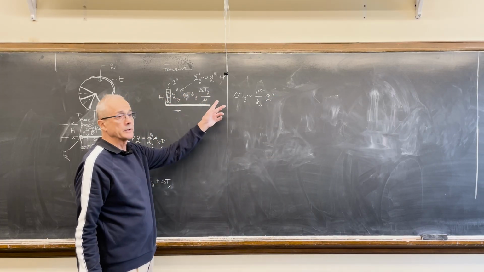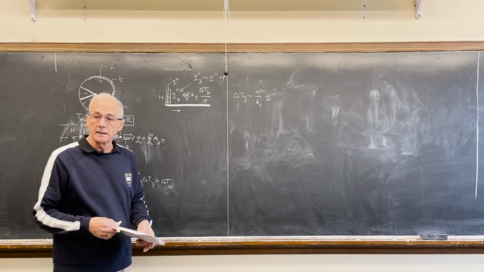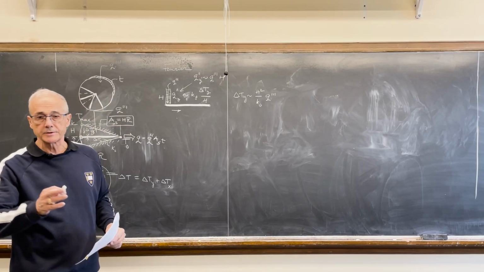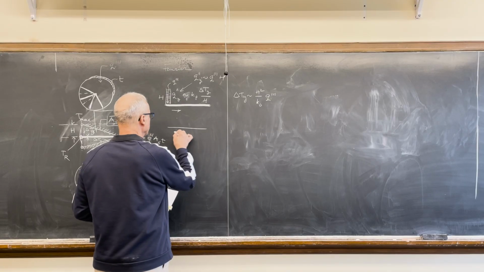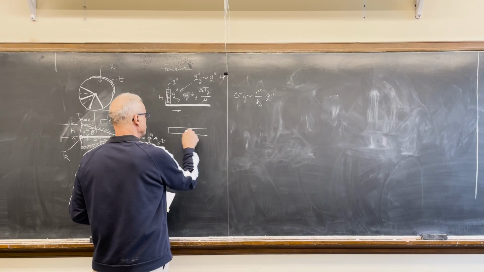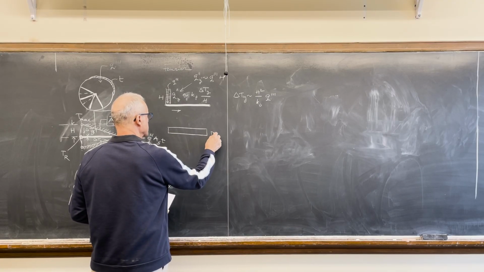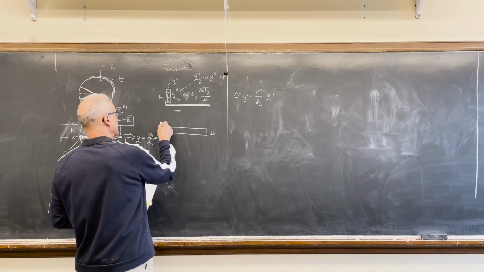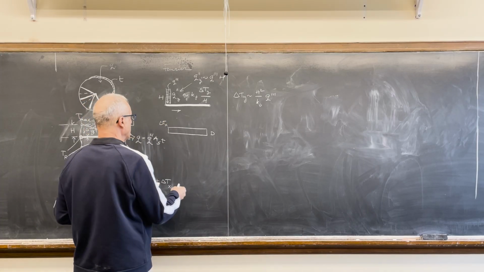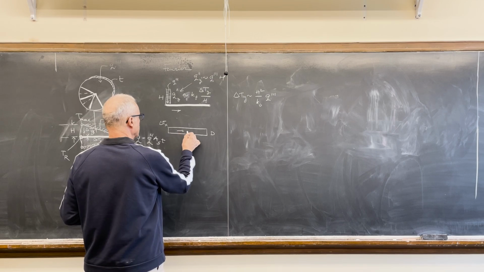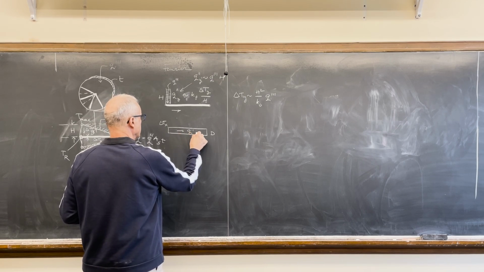I may have skipped one or two steps, but that's what you get. You make the same moves in the horizontal direction. You're talking about the blade of thickness D. So that's thickness D. Temperature difference is delta Tx.